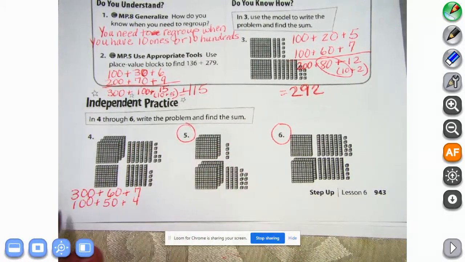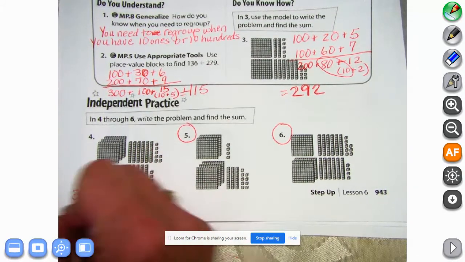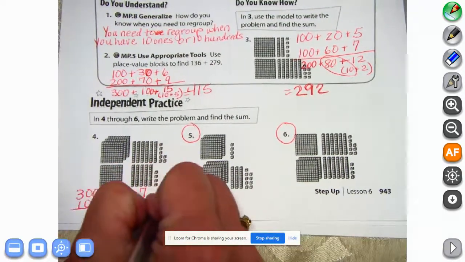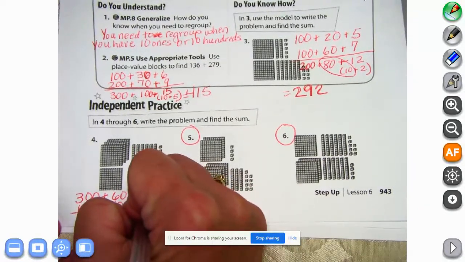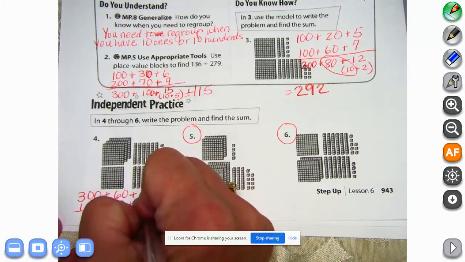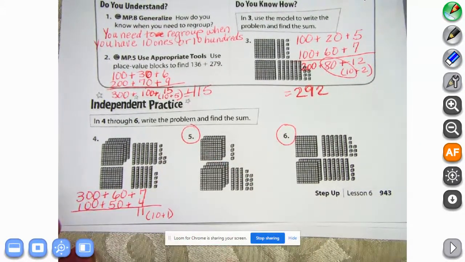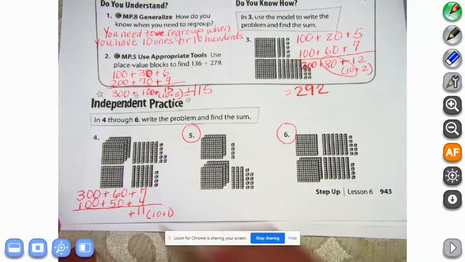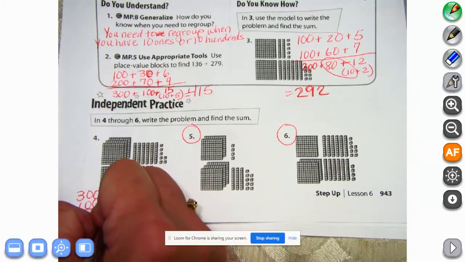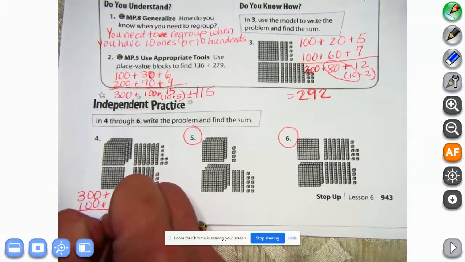Okay, so we've broken them up into their hundreds and their tens and their ones. So 7 plus 4 is 11. And we know that 11 is the same as 10 plus 1. And that's added to 60 plus 50. That equals 110, which is the same as 100 plus 10.